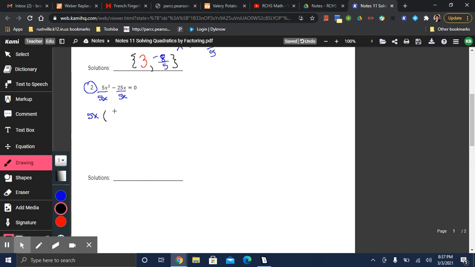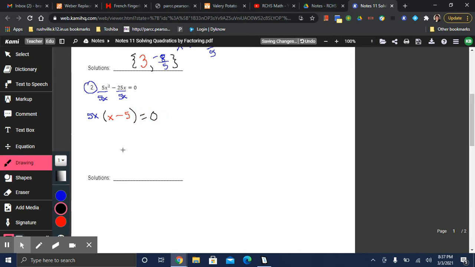So 5x squared divided by 5x is going to give me x. And then negative 25x divided by 5x, I'll end up with minus 5. And then remember to bring down equals 0.